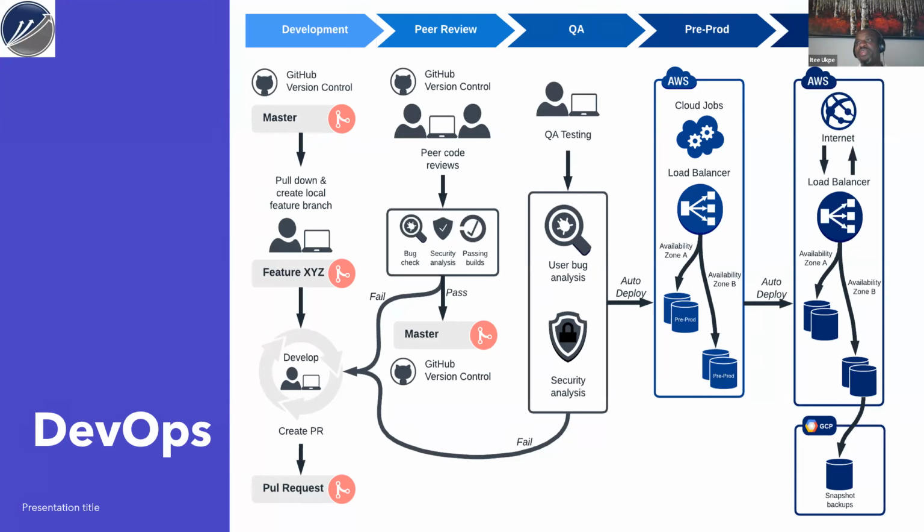What you do is put it in pre-production, you test it, it's working properly, then you can auto deploy it into production. Production is the same thing. You just replicate what you had in pre-production into production using your cloud-based internet services.